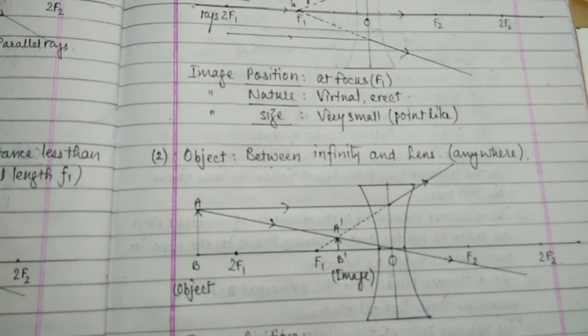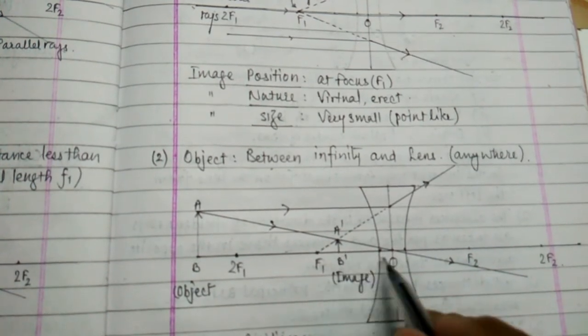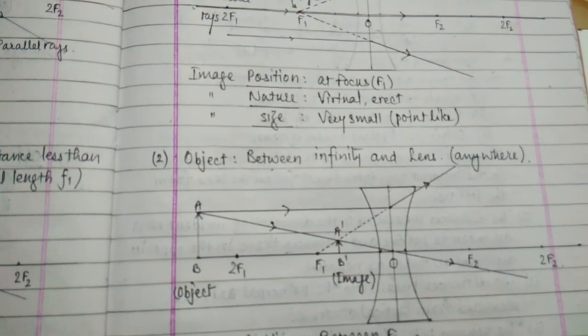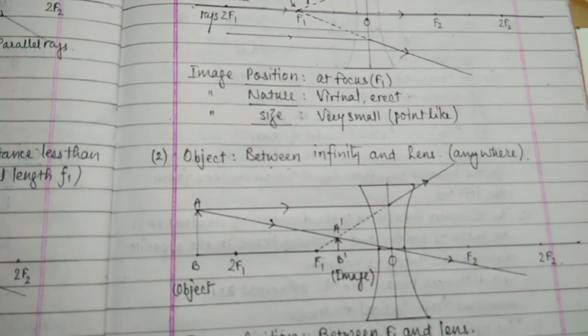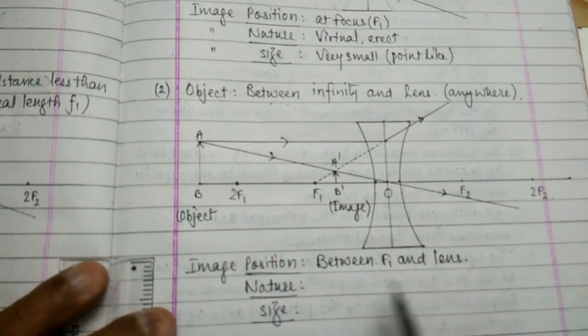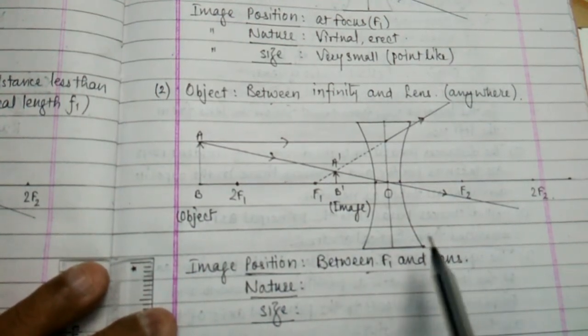What is the position of the image? The image is in between F1, and F1 means focus. So between focus and lens. The position is in between focus and lens.